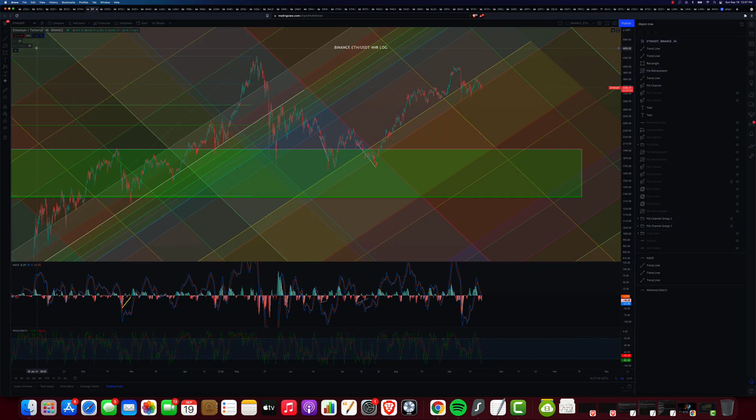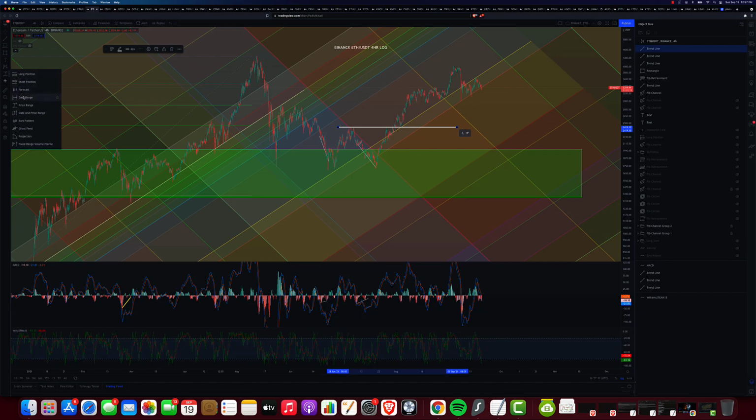And how you confirm that is, let's make that thicker for visual purposes. This actually doesn't confirm until after it breaks through here. So now we've got to go by the rules. Let's see how much risk to reward that is. Okay.